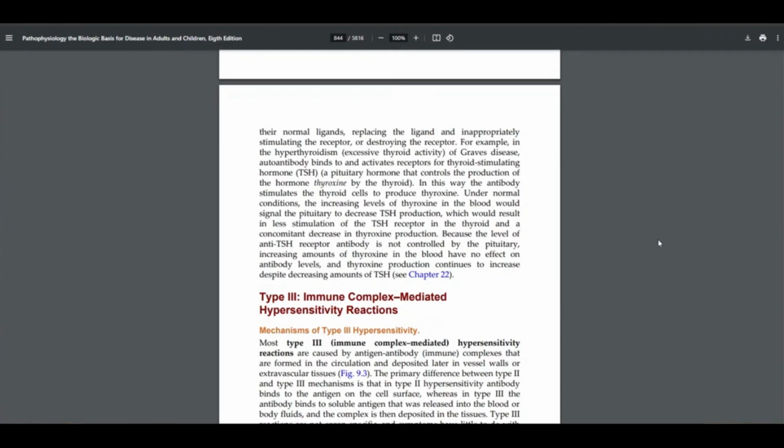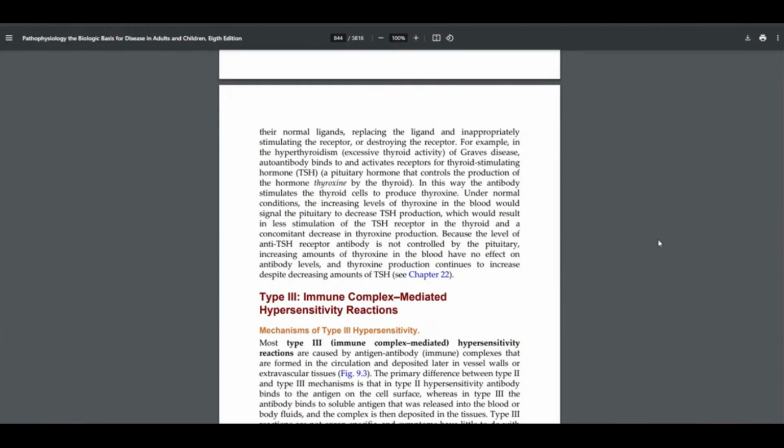For example, in hyperthyroidism or excessive thyroid disease of Graves' disease, autoantibody binds to and activates receptors for thyroid-stimulating hormone, or TSH, a pituitary hormone that controls the production of the hormone thyroxine by the thyroid. In this way, the antibody stimulates the thyroid cells to produce thyroxine.